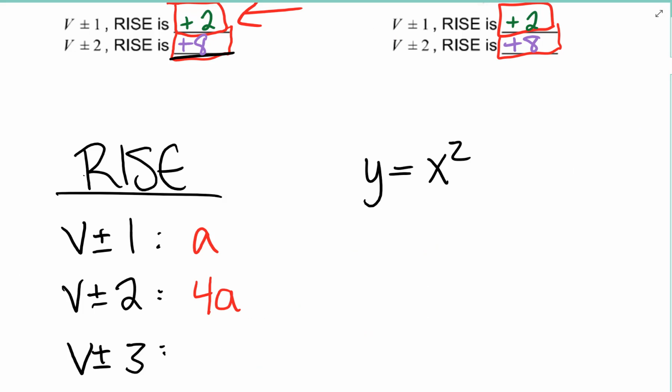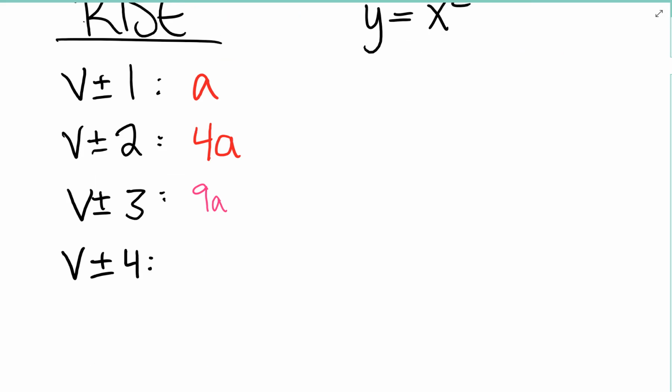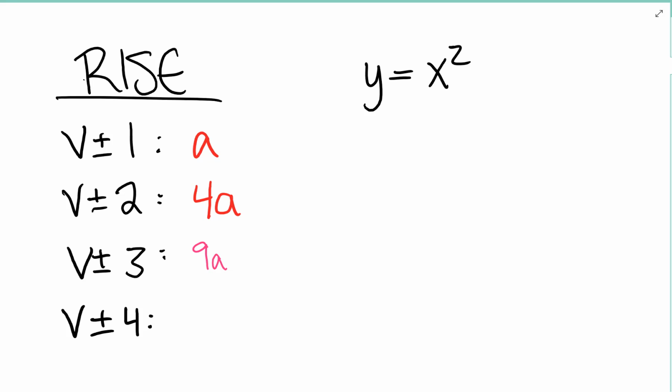That's because the parent function is squaring them. 1 squared is 1. 2 squared is 4. 3 squared is 9. What do you think the rise would be 4 units away from the vertex? 4 squared is 16. So it would be 16 times whatever A is.